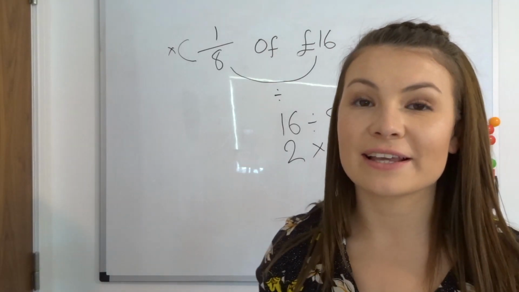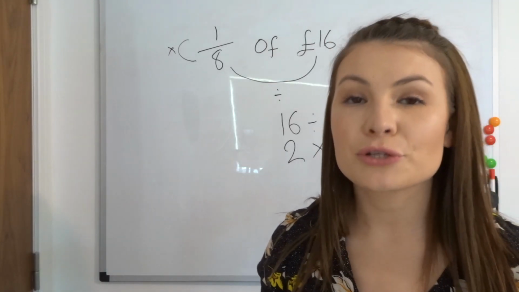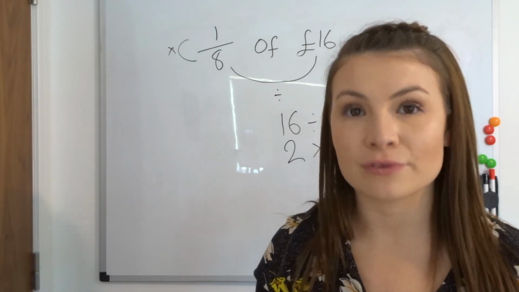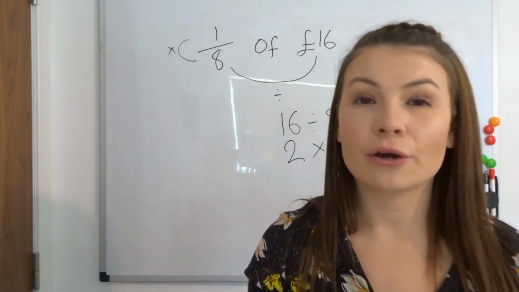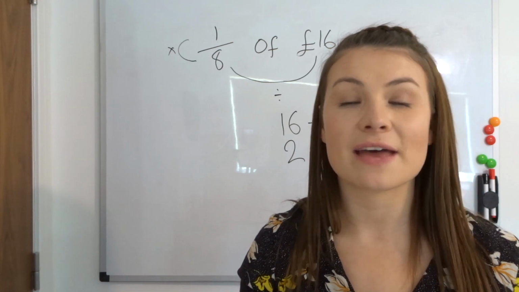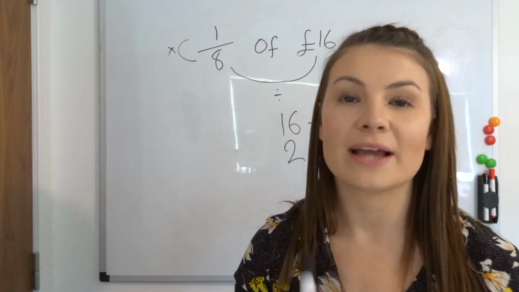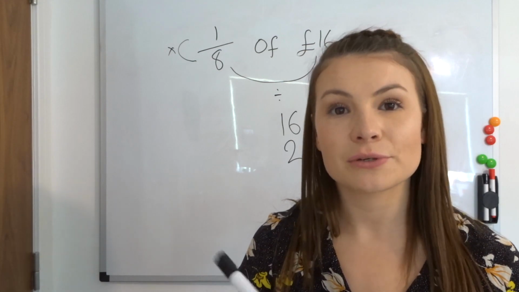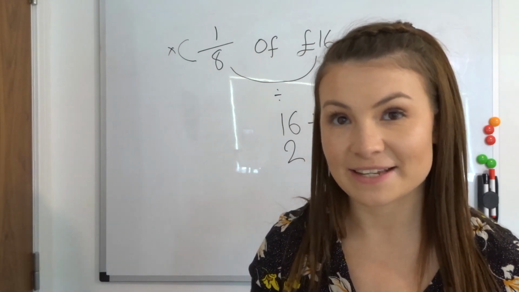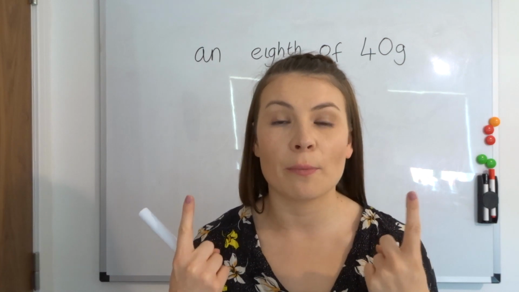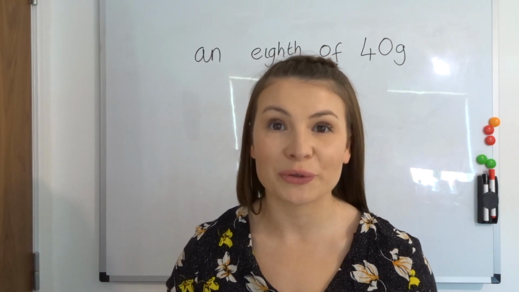Hopefully you are finding this okay at home. Just remember to follow that rule. If you want to draw circles and divide it up and do a picture, that is absolutely fine. Or if you want to draw the money out and divide it up, that is perfectly okay. You do it to how you find easiest. Okay, so I've put the next question on the board that I would like you to answer on your own.